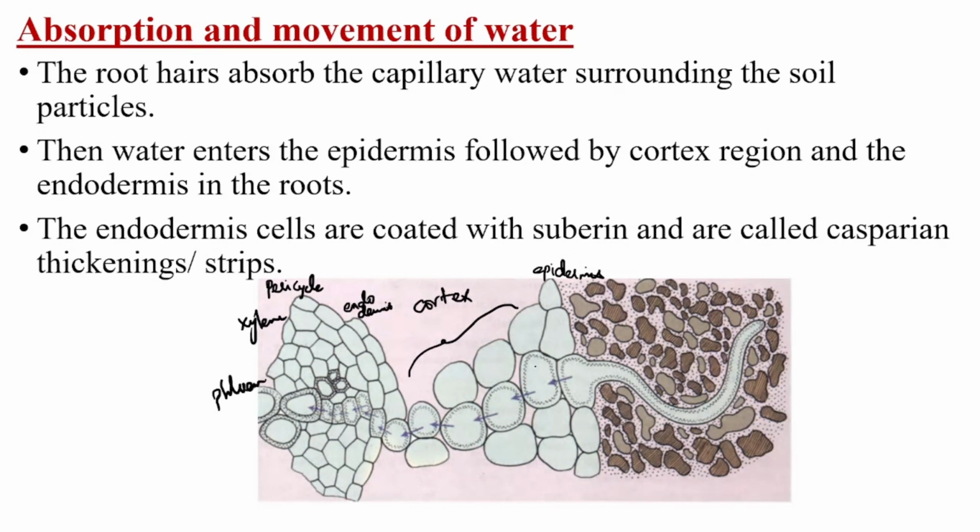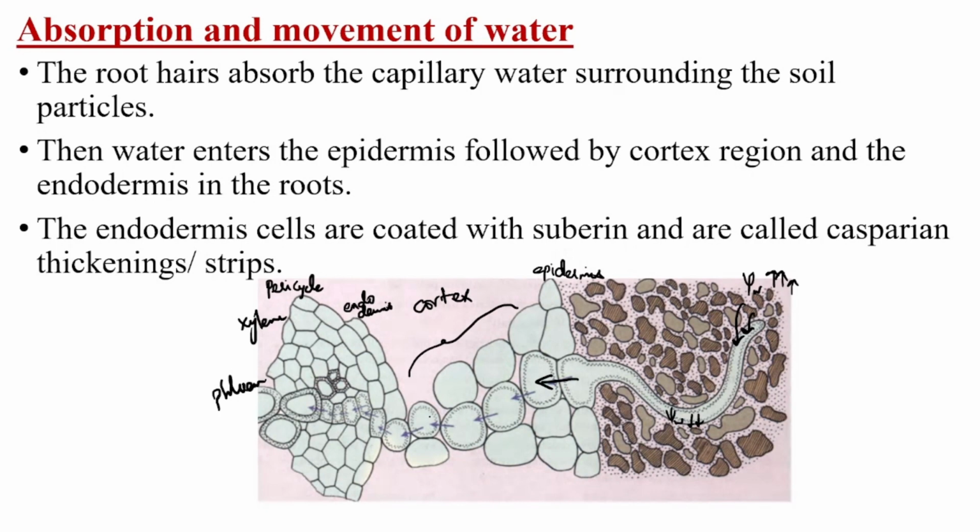Okay, now how does the water movement take place? So basically, if you see, water potential is high in soil, whereas in the root water potential is less. So movement takes place from the soil to the root hair. From the root hair, water moves into the cortex.